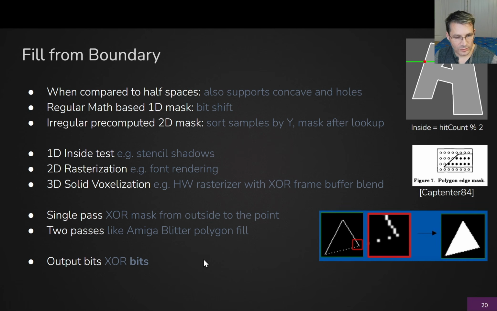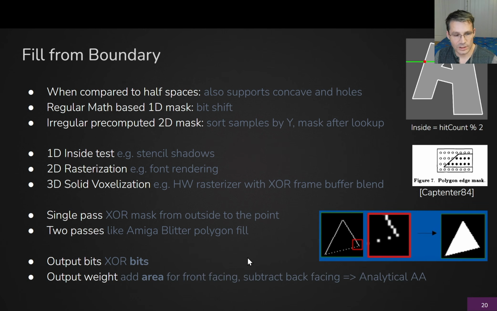And you can output bits, as mentioned before, if you just XOR those operations. So if you have 2 edges and you want to combine them, you just XOR the result of one edge into the other edge. But you can also compute it differently, and this is not using bitmasks actually, if you're doing it for the area.